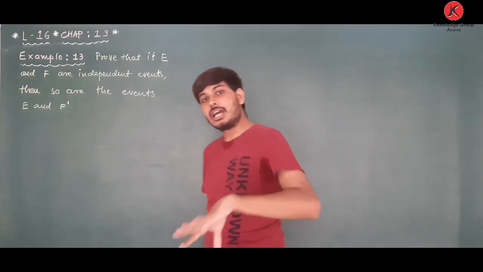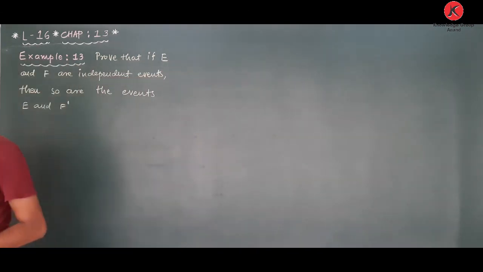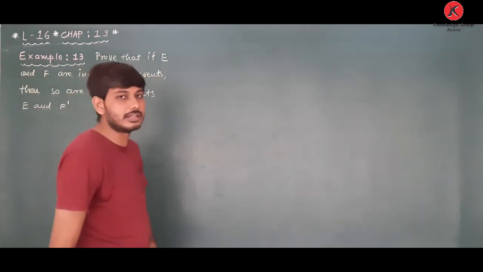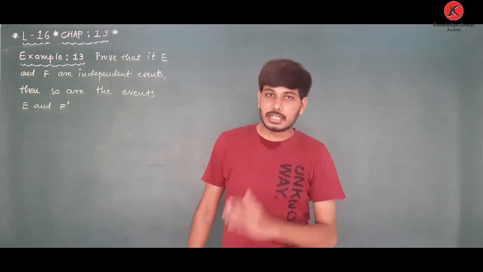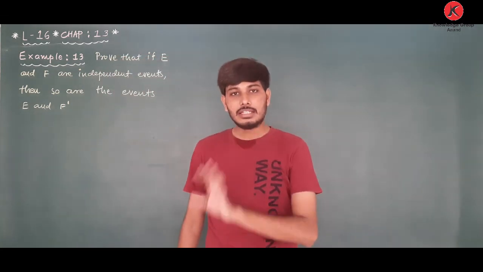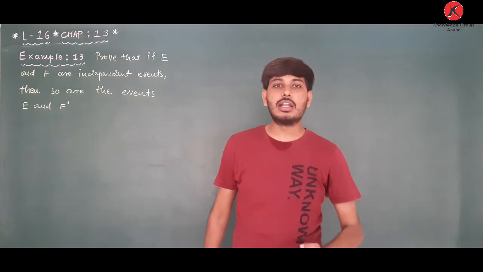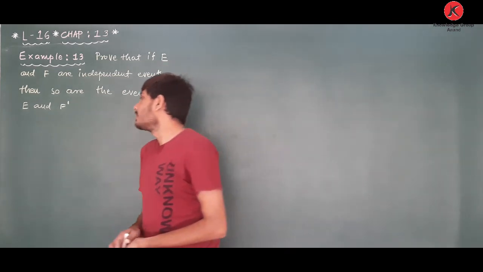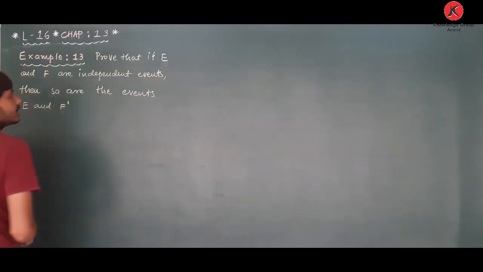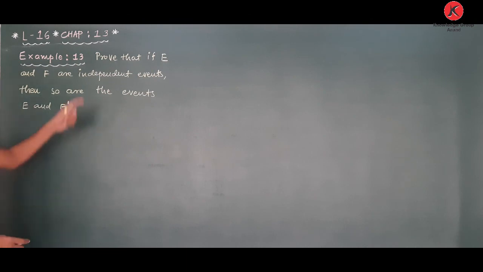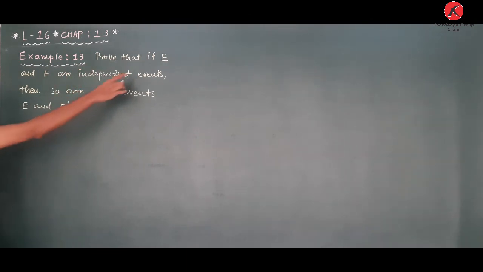We have accepted and moved ahead that if E and F are independent events, then E and F dash, E dash and F, as well as E dash and F dash, all are independent events. Let us understand and prove this logic. See here, it is given that E and F are independent events.